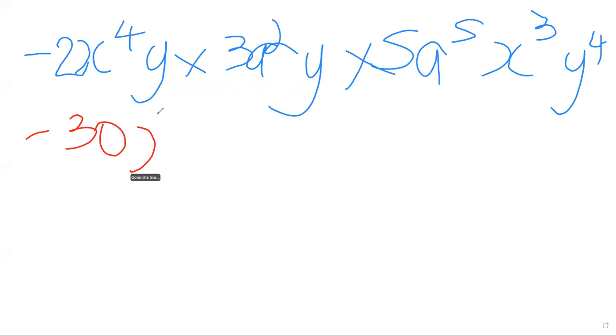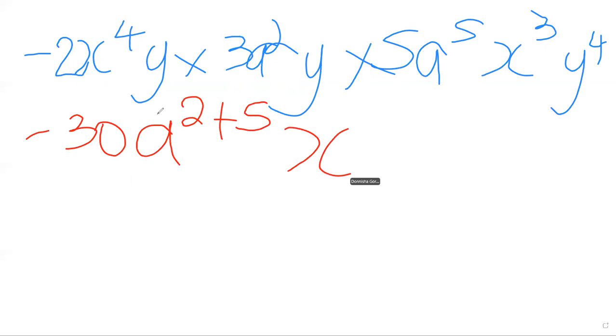The powers of the variables. All right, and we're going to keep it in alphabetical order. We notice we have a, we have x, and we have y. So we're going to write our a first. That's a squared times a to the 5th power, so we add the powers. For x, we have x to the 4th times x to the 3rd power.